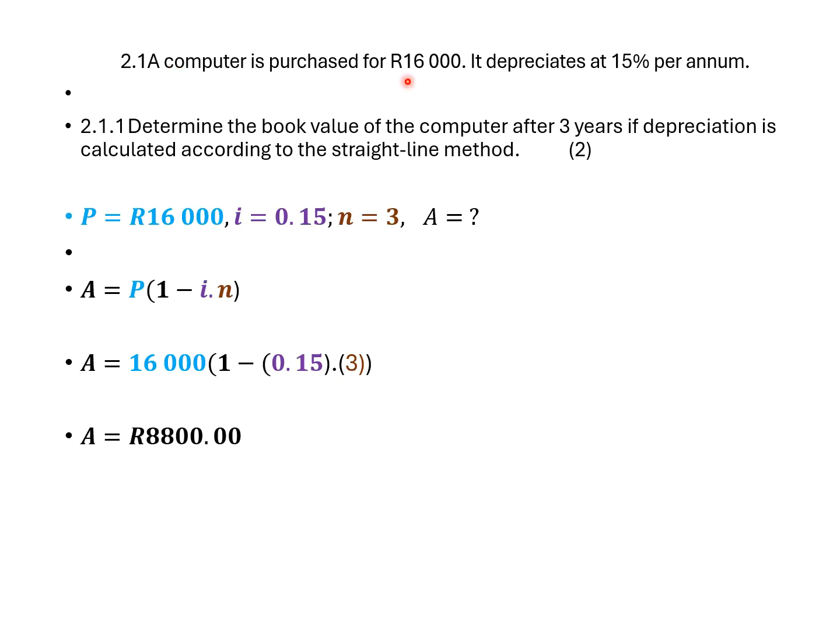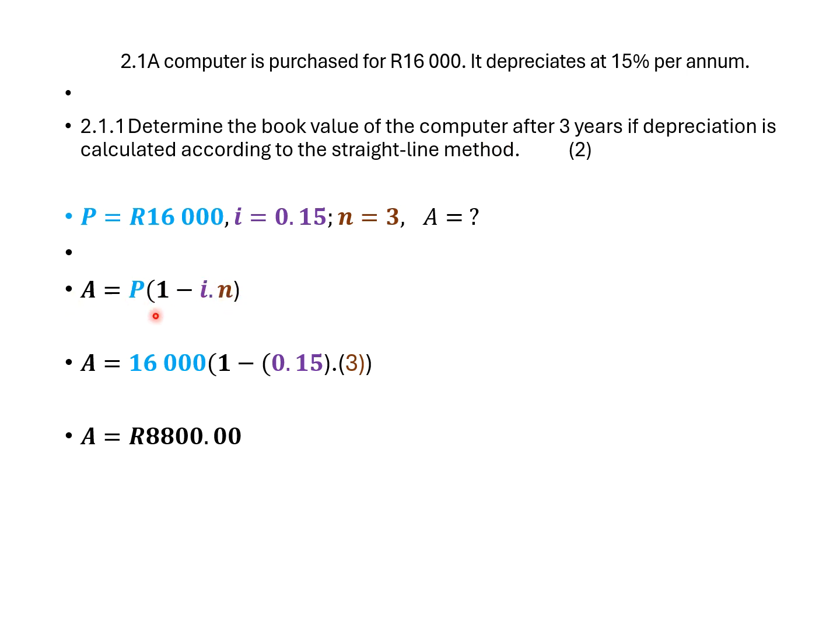Computers purchased for 16,000 Rand. It depreciates at 15% per annum. This problem has two parts. Right, so 2.1.1. Determine the book value of the computer after 3 years if depreciation is calculated according to the straight line method. So P is 16,000, i is 15 over 100, which becomes 0.15, and n is given as 3 years, and we want A. Straight line, A equals P times (1 minus i times n).